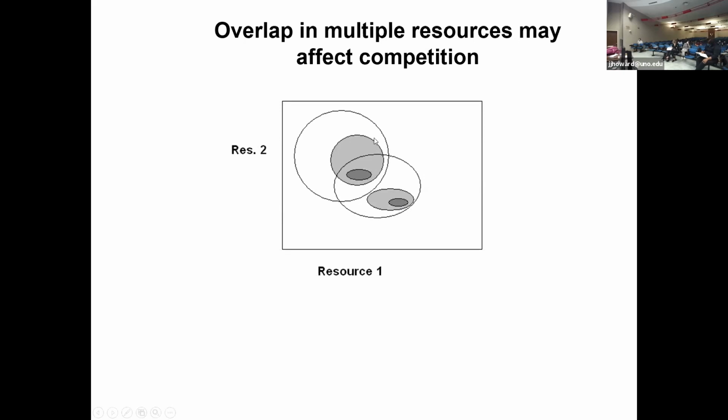On the other hand, this species here on the upper left has its most favored resources, its optimal combination of resources, also being used by the species at the lower right. Well, in that case, here's a reason to think that competition might be unequal.